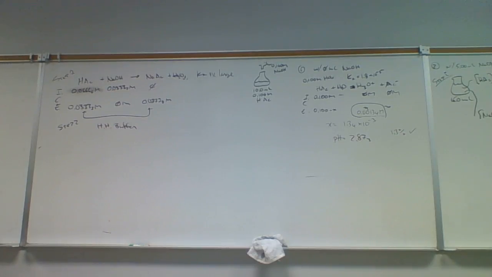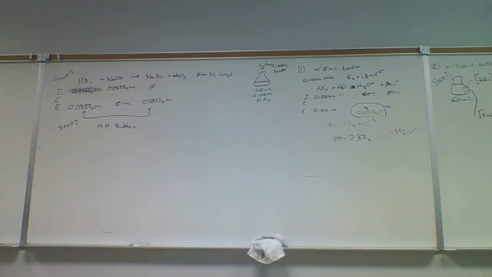It's an HH buffer. This one is not an HH buffer because this is strong acid, strong base, and so we just have excess strong acid, HCl and sodium chloride. Well, that's not a buffer.